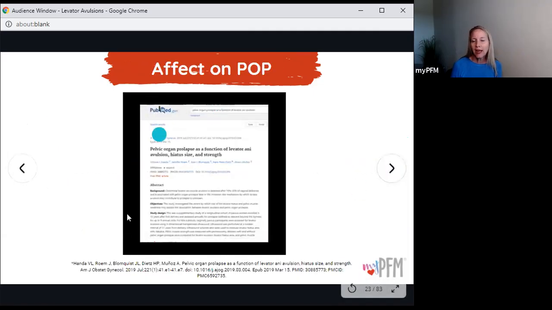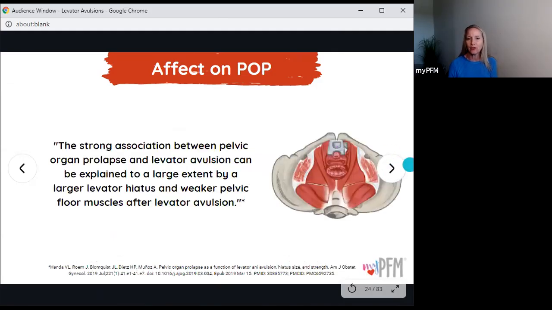Okay, so now we're going to talk about how it affects pelvic organ prolapse. And for each of the articles, I have the reference below, and I took a screenshot of the abstract. And so I will share this presentation with you so you can go to PubMed, or you can find some of the research out there on the internet, but it's all referenced here.